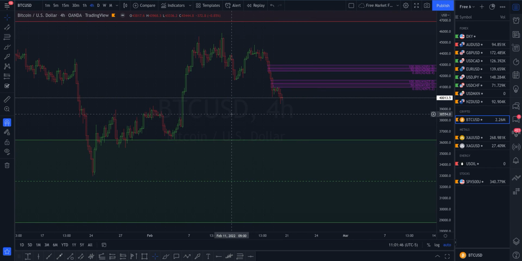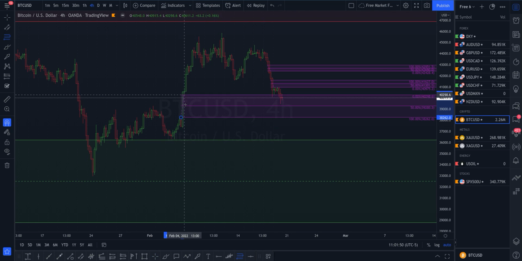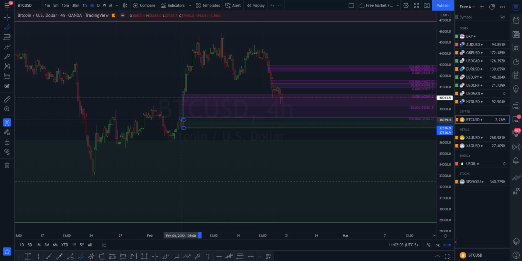At least, if not anything, we are definitely going lower to fill that gap and possibly bounce up off of this 4-hour demand right here.